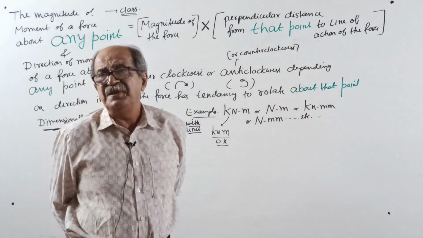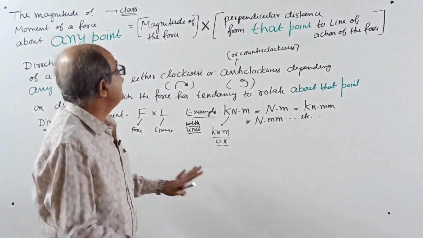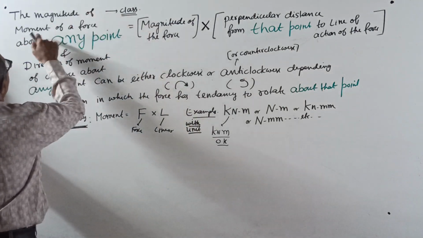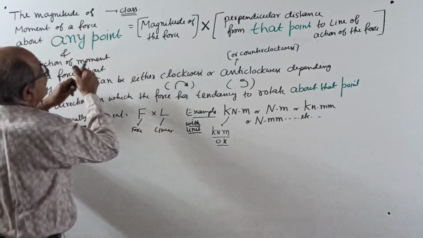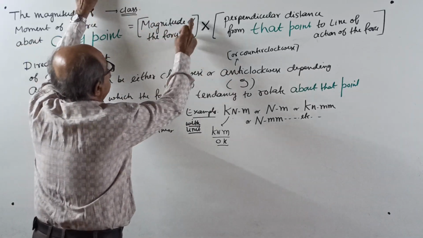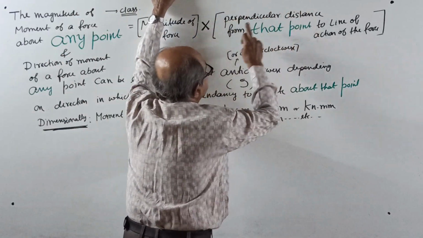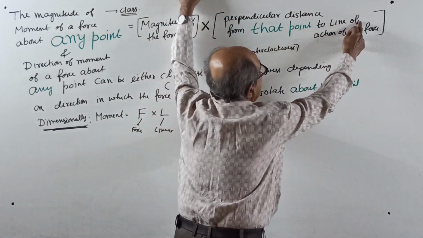This is the definition. As an expression: magnitude of moment of a force about any point equals magnitude of the force multiplied by the perpendicular distance from that point to the line of action of the force.